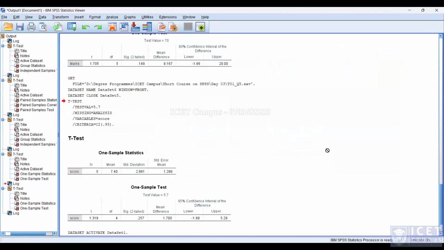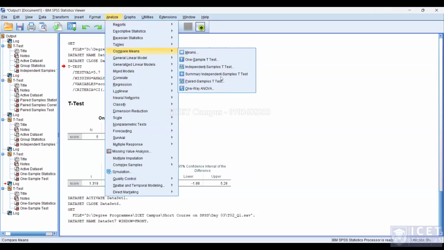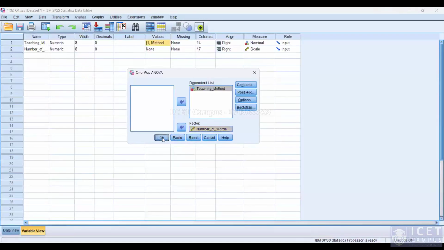Yeah, it is not. We have to go for ANOVA. Analyze, compare means, one way ANOVA, right?